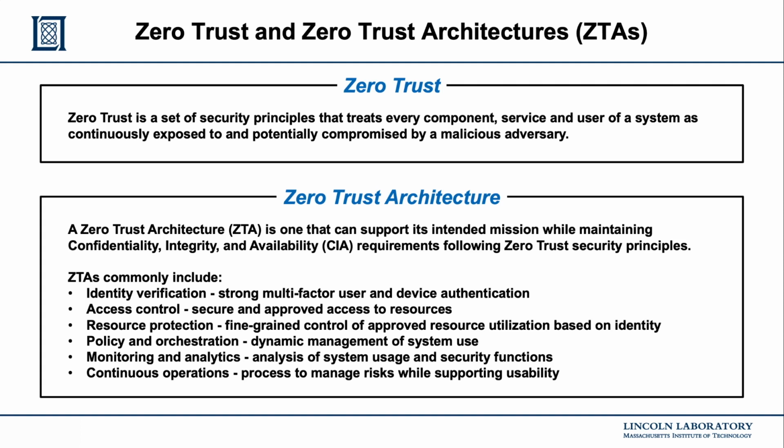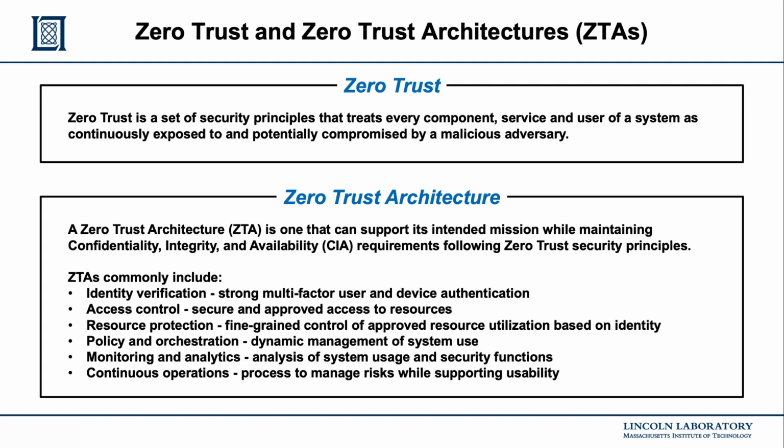The implementation of these architectures commonly includes a number of components, and those are listed towards the bottom of this chart. Things like identity verification, access control, and resource protection cover the ability to verify that a user or a device should be on the network, where they can go, and what data and applications they should be able to access.